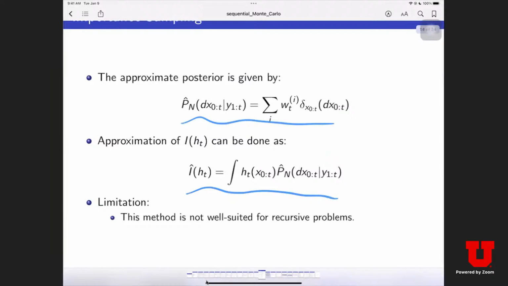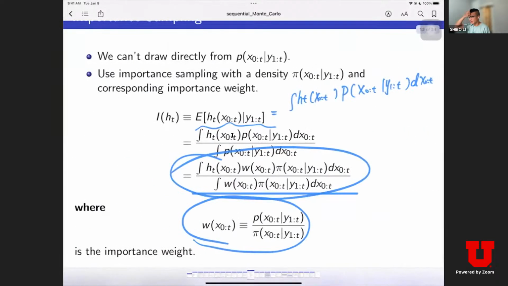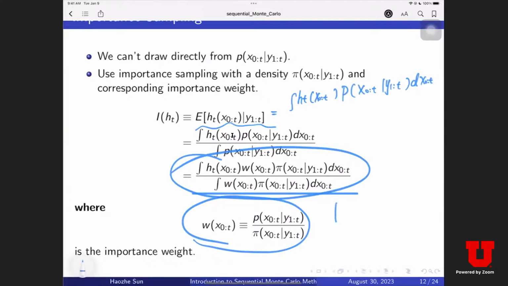But the method is not well suited for recursive problems. I have a question about how to compute the W. Can you go back to the previous slide on how to compute the W? You can compute the pi(x_0:t) in the denominator because you know the proposal distribution. How do you compute the numerator?